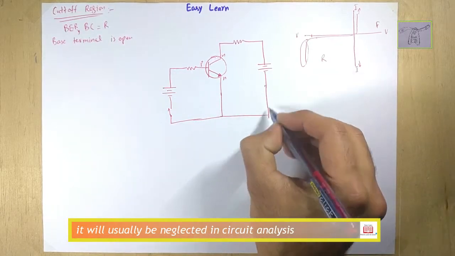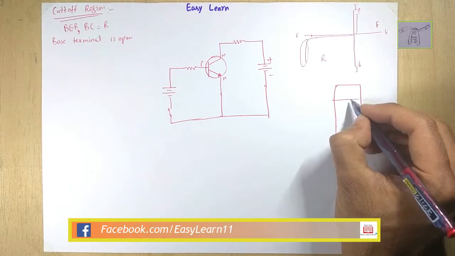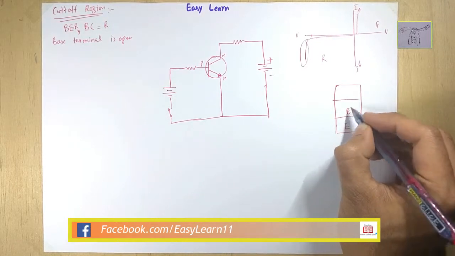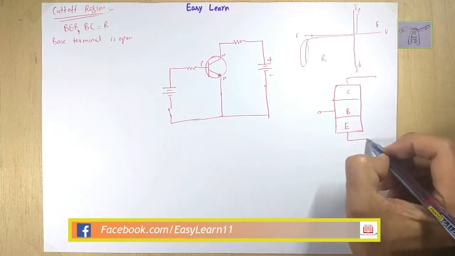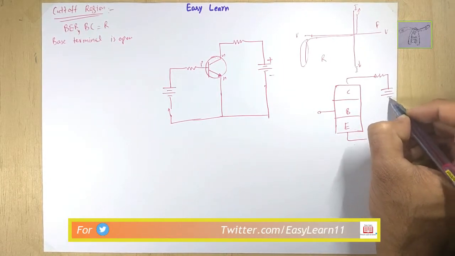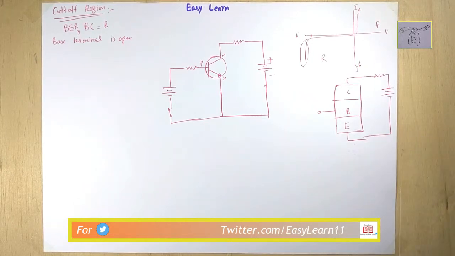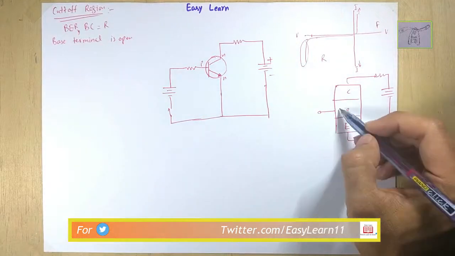The simplified representation is emitter, base, and collector. Here the emitter lead is open, while the collector is connected via a limiting resistor.